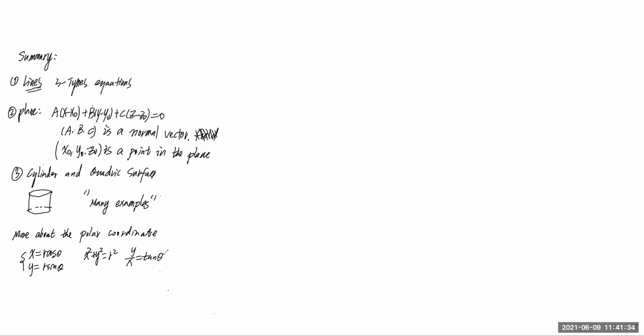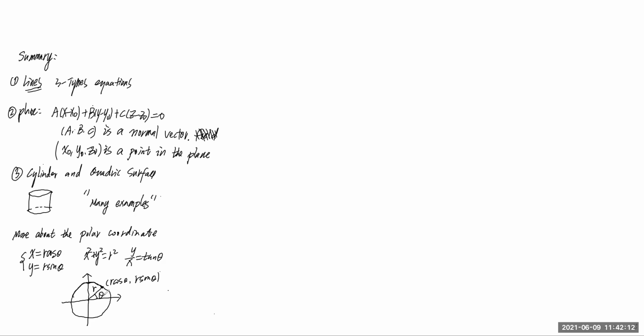You may say, why do you do this? If we are in R2, this is a circle with the radius r centered at 0. We said x is r cosine theta, y is r sine theta. This is r. What's theta?